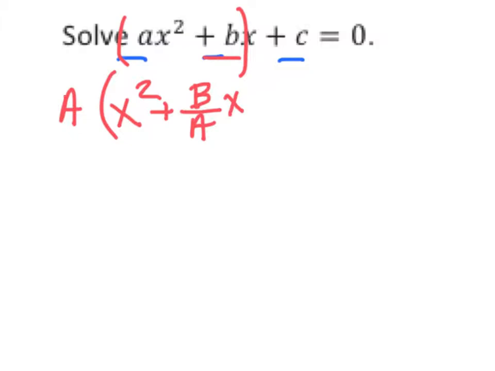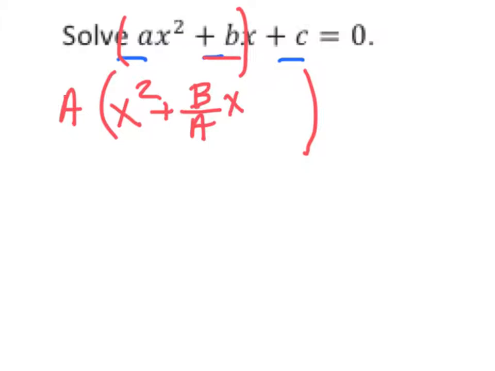Okay, what do we have to do to find out what we have to square and then add to both sides? What do I do to that middle term? Divide by 2. If I divide b over a by 2, what do I get? Dividing by 2 is the same as multiplying by 1/2.